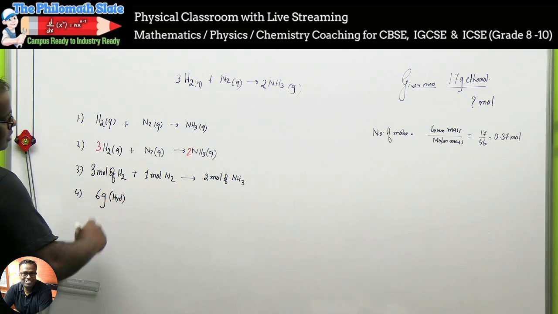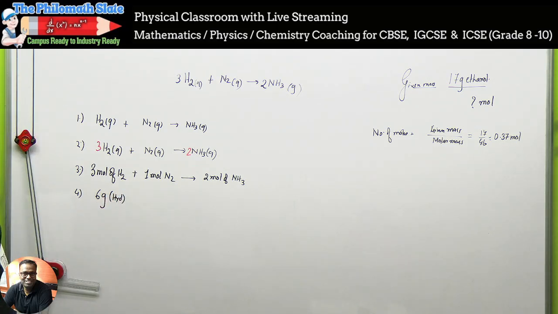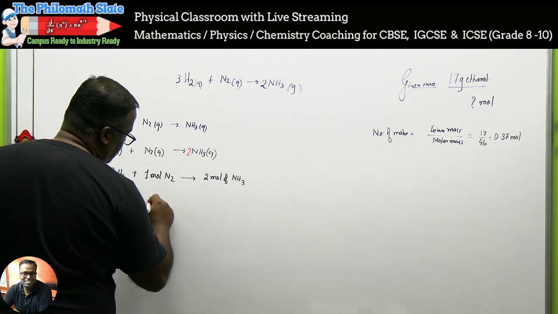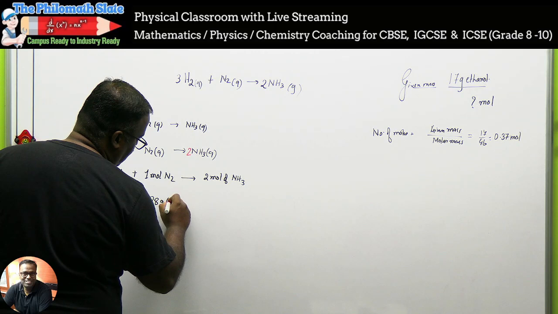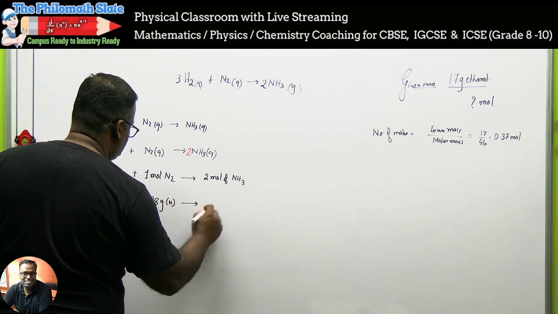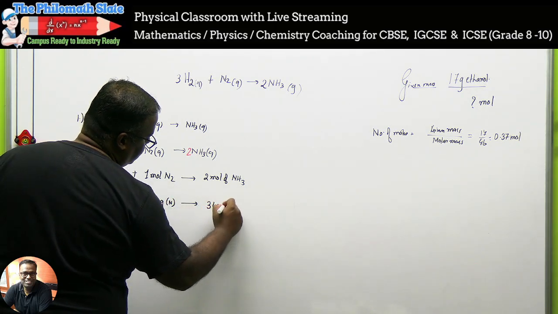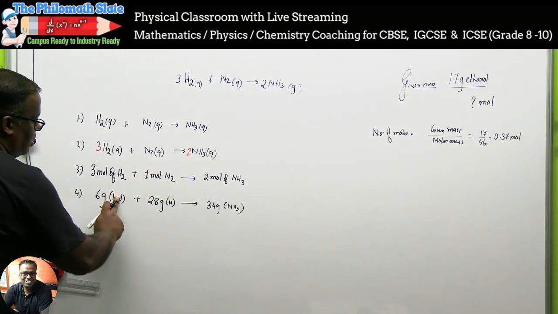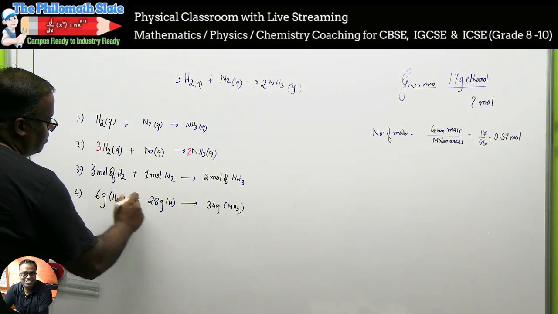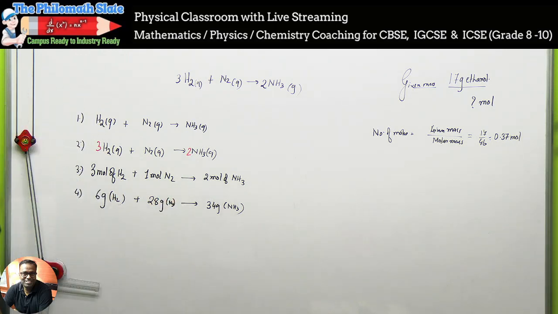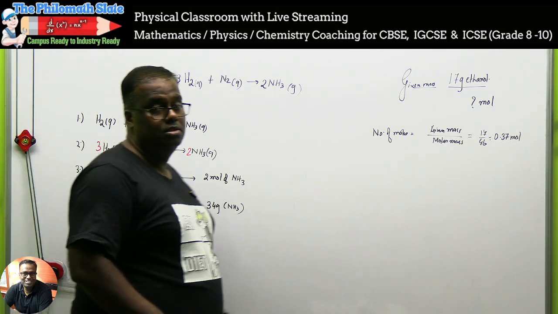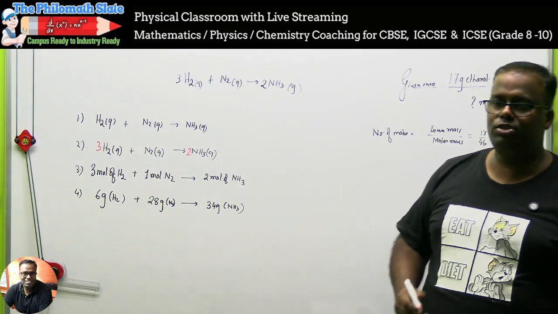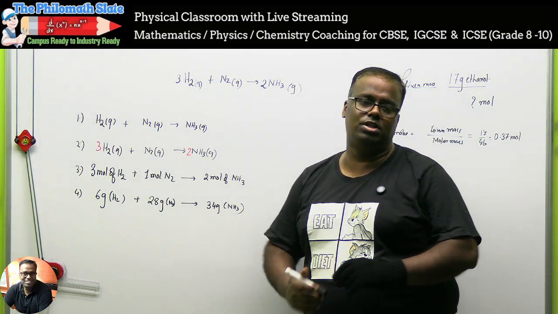Got it? Reacts with nitrogen, which is 14 times 2, so 28 grams of nitrogen, to give you how much? 34 grams of ammonia. 6 grams of hydrogen react with this. Clear? Nitrogen is 14. One nitrogen is 14. The N2 molecule has 2 nitrogen.